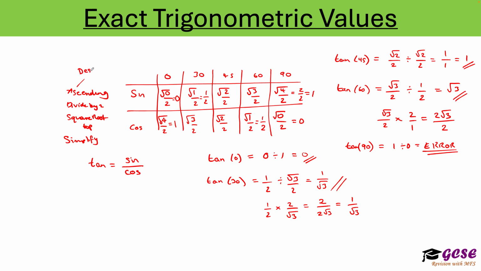And then for tan, you just have to use this formula, which is sine divided by cos. Okay, so the values we have for sine divided by the values we have for cos. So to work out tan 30, for example, you would have to do the value for sine 30 from this table divided by cos 30. Okay, and that would get you what tan 30 is.